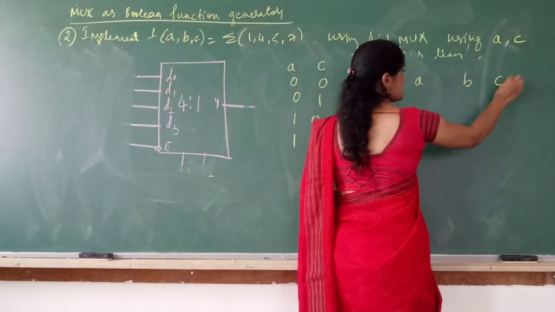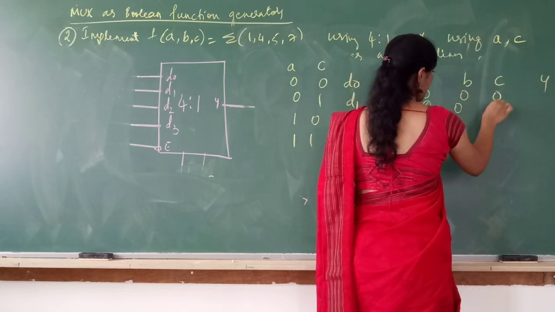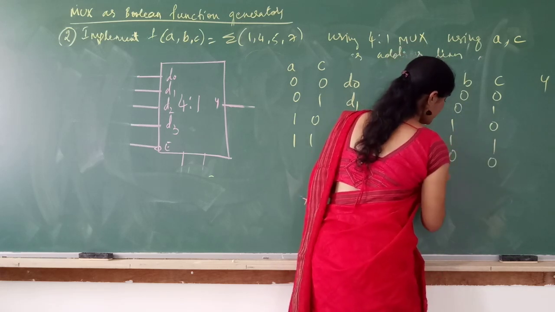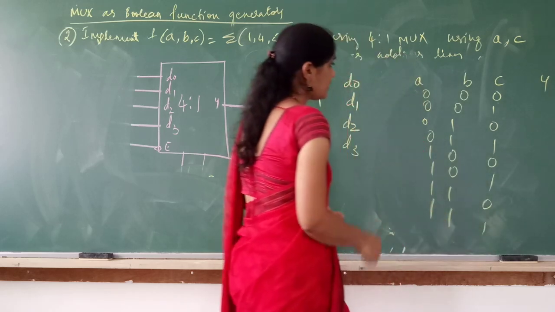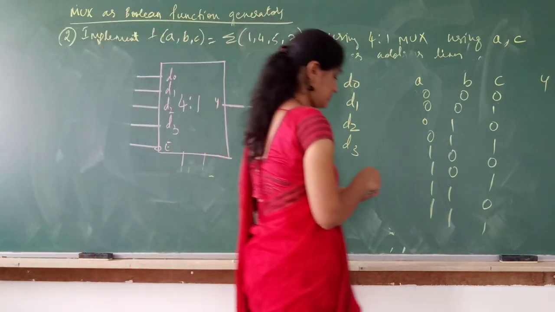A, B, C, Y. 0, 0, 0, 0. 0, 0, 1, 0. 0, 1, 0, 1. 0, 1, 1, 0. 1, 0, 0, 1. 1, 0, 1, 0. 1, 1, 0, 0. 1, 1, 1, 1. Now, the minterms are 1, 4, 5, 7.